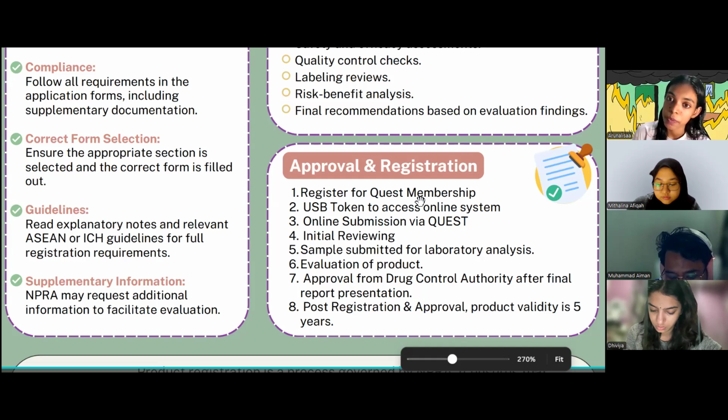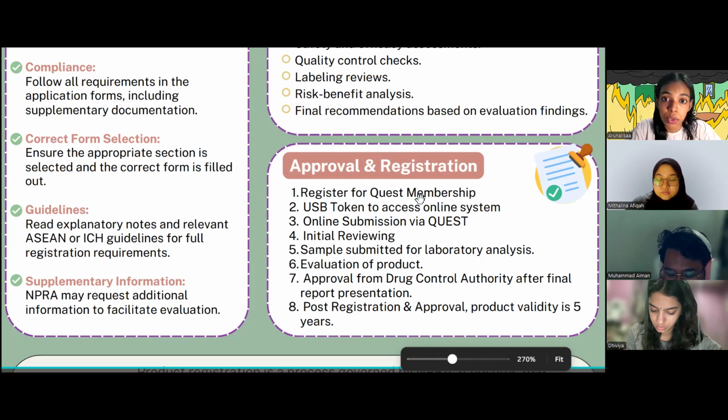So after accessing the Quest system using the USB token, the applicants have to make an online submission of their product, and this includes providing some comprehensive information and data about the product, such as specifications and also safety information.